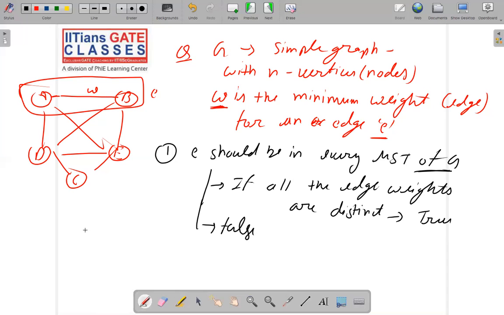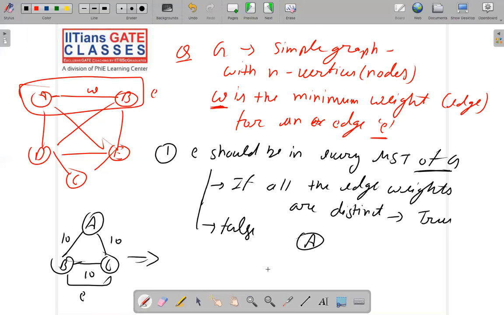Let me give you an example. A, B, and C. If I say 10 here, 10 here, 10 here, and I say that this is the edge E, will it be part of the minimum spanning tree? Let me write a spanning tree where this is not part. A, B, C, 10 and 10.